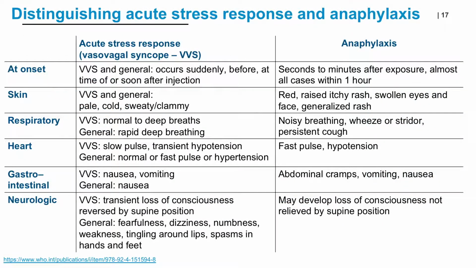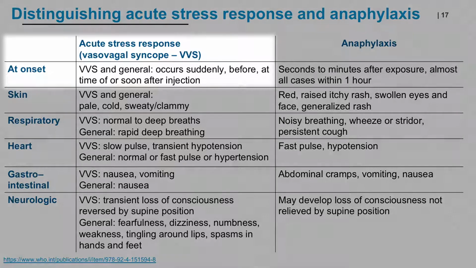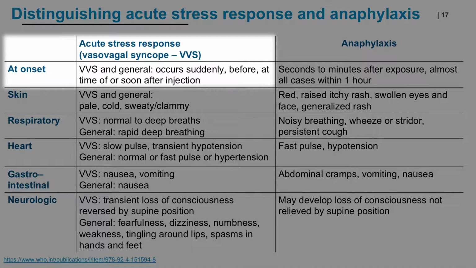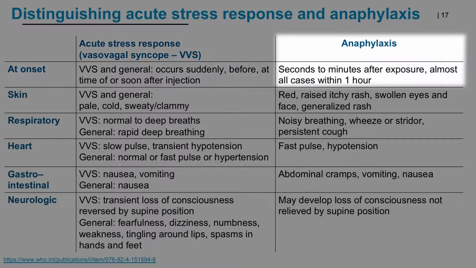Let's look at the differences between a vasovagal syncope and anaphylaxis. At the onset, the vasovagal syncope occurs suddenly, sometimes before, sometimes at the time of vaccination, or immediately after injections. Anaphylaxis starts seconds to minutes after exposure, and almost all cases occur within 1 hour.